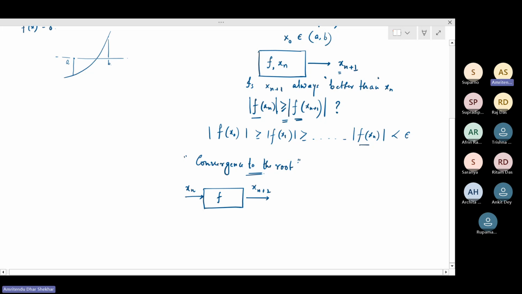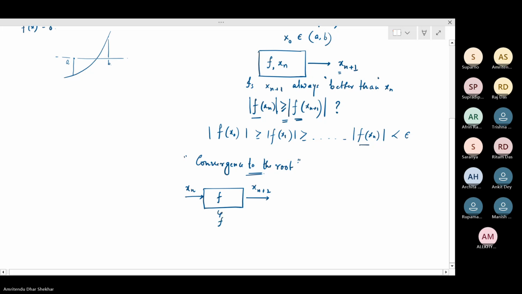For the sake of explaining this, let us call this box some phi of f. So phi of f is a mapping where phi of f of xn is equal to xn plus 1.